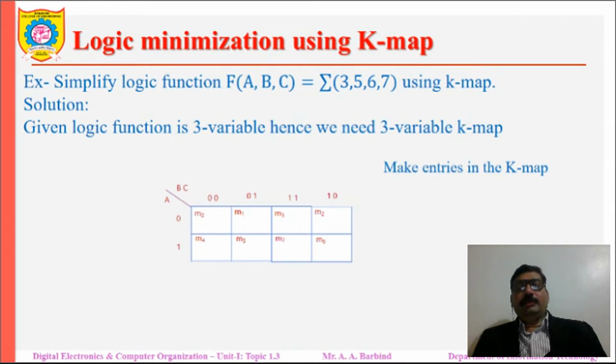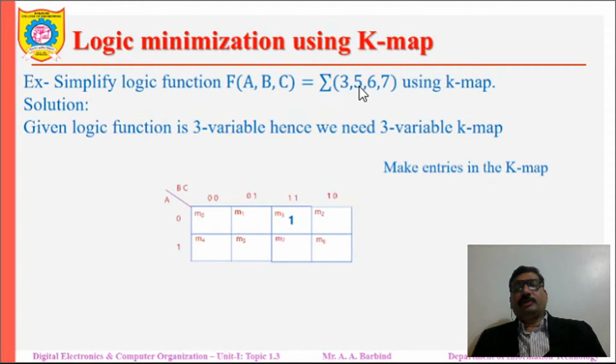Now we make entries into this particular K-map. The first entry will be corresponding to the minterm 3. Here you can see that the summation of 3, 5, 6, 7 means in the truth table, for the row for which A, B, C are 0, 1, 1, the output will be 1.